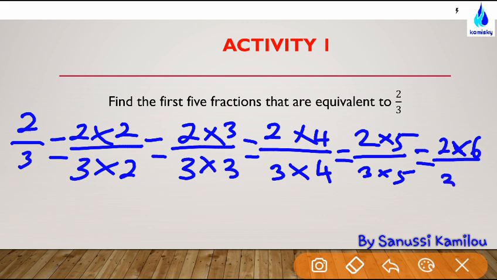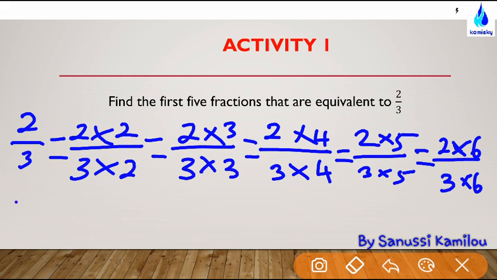We do the same for the denominator, 3 times 6. Let me write it too. Very good. Then what do you think will be our answers?